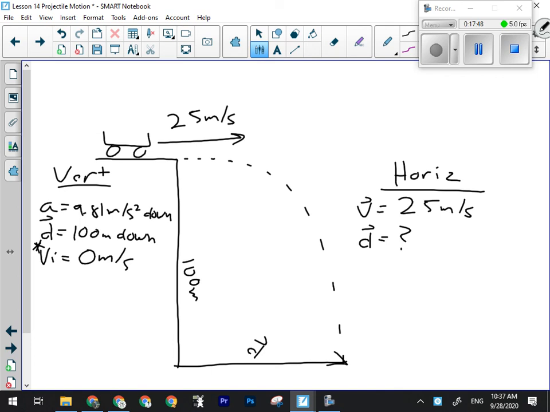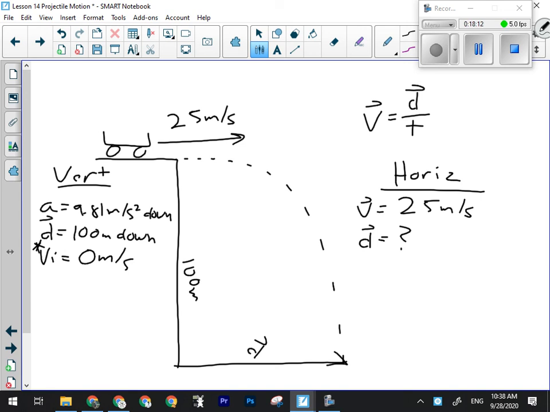Now, if the horizontal part is governed by this, because it's moving at a constant velocity, in order to get d, I need to have t. Would it be true if I said this thing is moving horizontally for as long as it's falling?